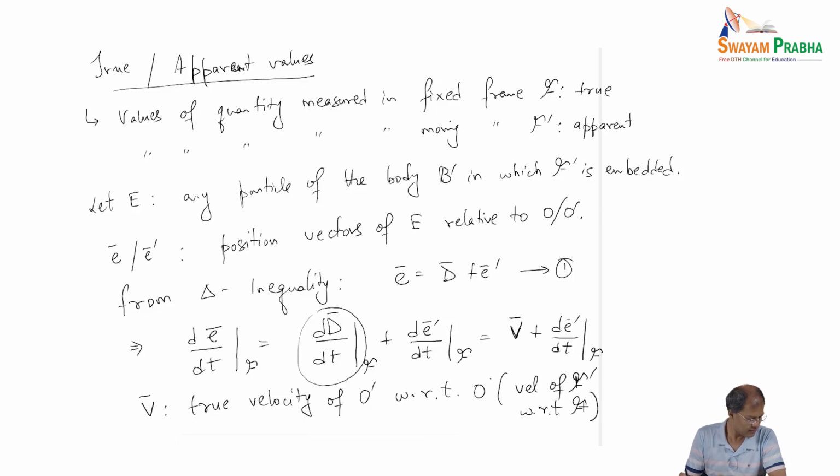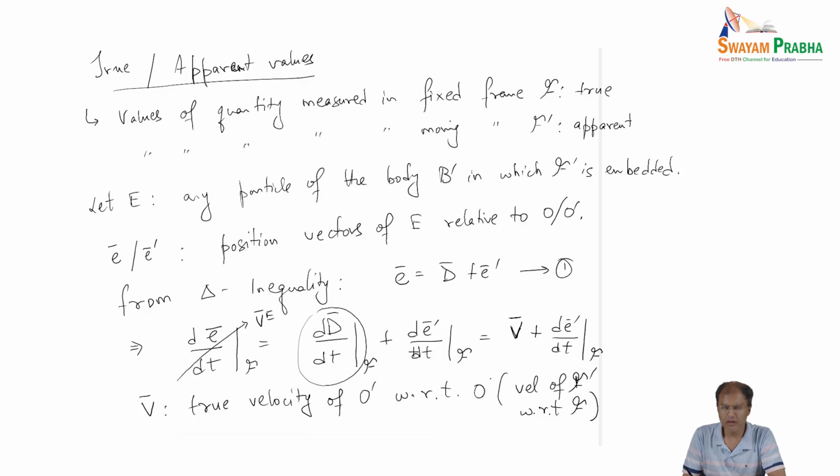Right? So then we can now denote this velocity as VE, the true velocity, and we expect that, since we are talking about a body fitted frame, the body itself is not translating.